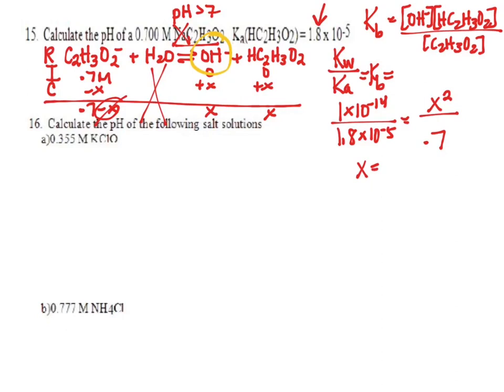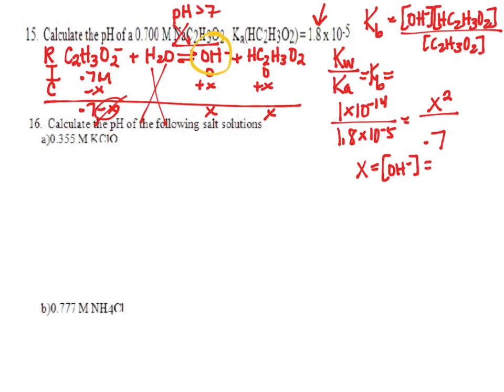So let's solve for x and put what x is, because we'll forget by the time we get there. X is our hydroxide concentration. Is Kw always 1 times 10 to the negative 14? Yes, Kw is a constant.